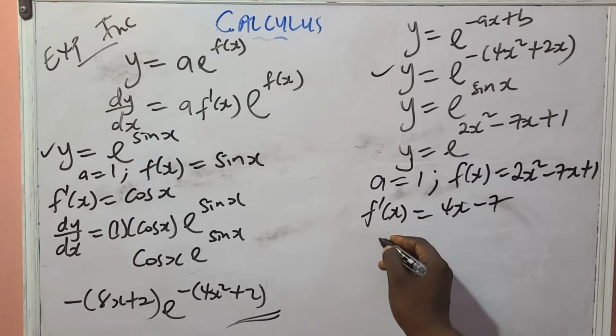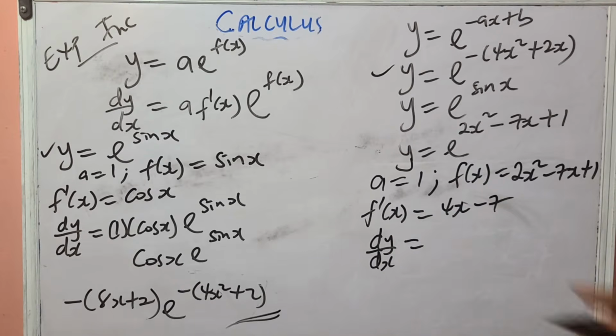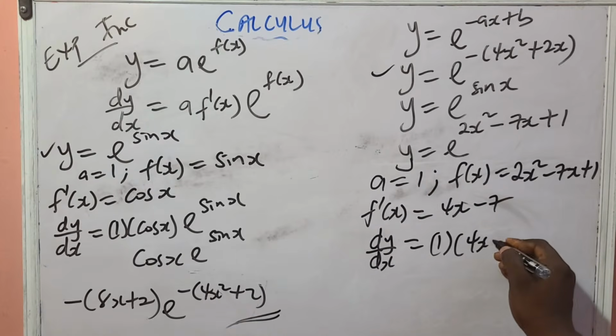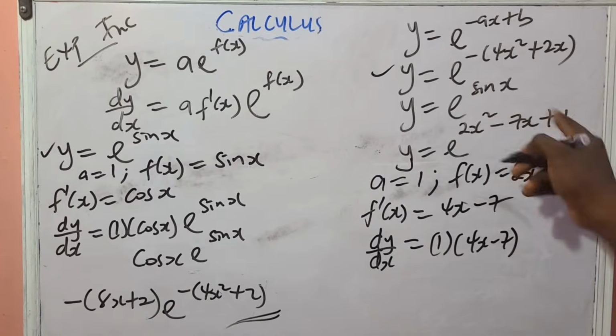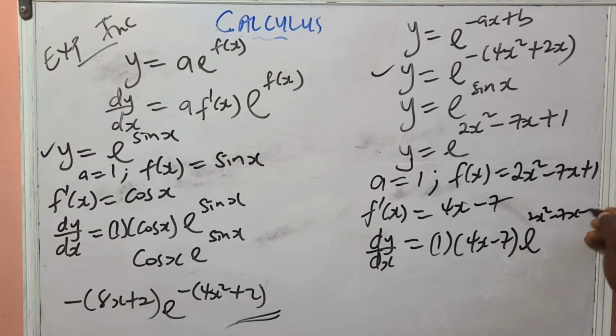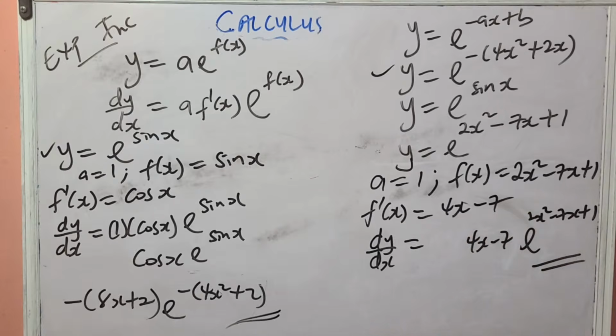Now I want to find dy over dx. dy over dx will be equal to what? I multiply my constant with f prime of x, that'll be 1 times 4x minus 7. Then I write the whole exponential, e raised to power 2x squared minus 7x plus 1. And that's all. Of course, 1 times this will be this. So that's the final answer.